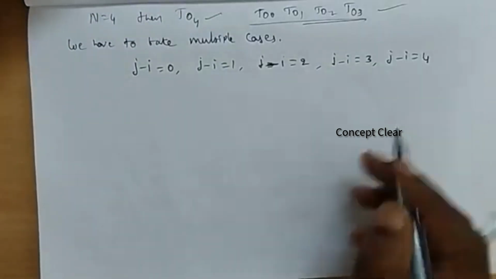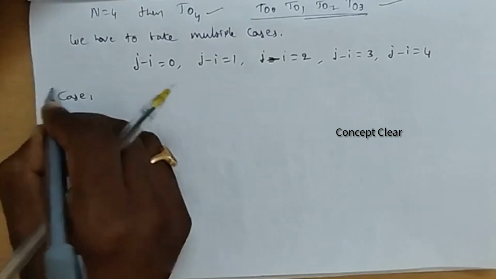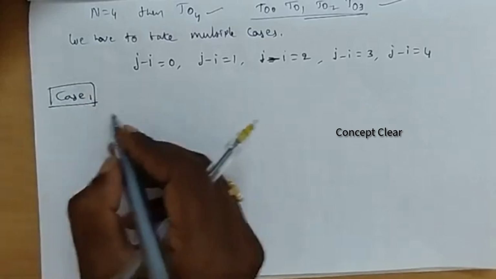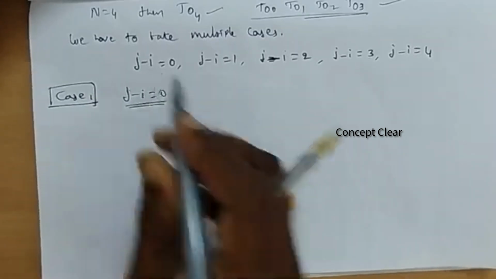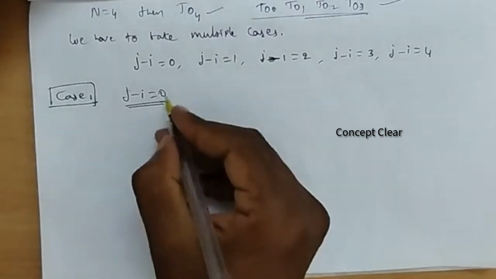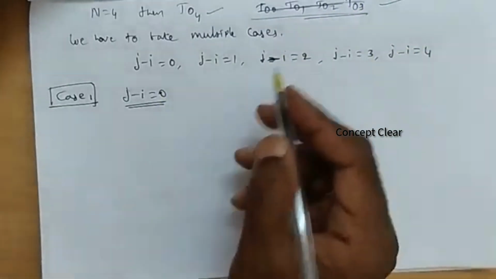These are the cases we have to calculate. Okay, first I am taking case 1. What is case 1 here? Case 1 equals j minus i equals 0. It means we have to take any two values, and the result is 0.